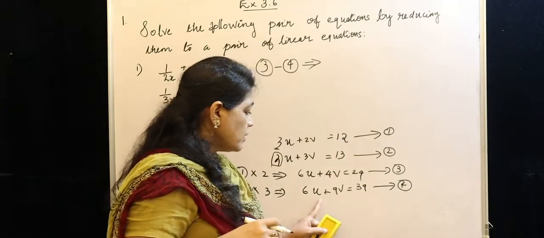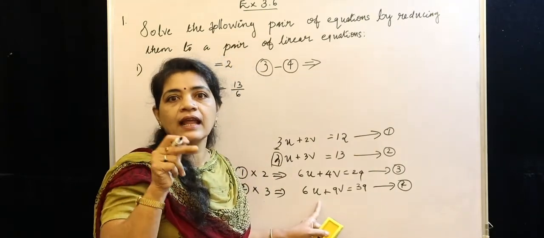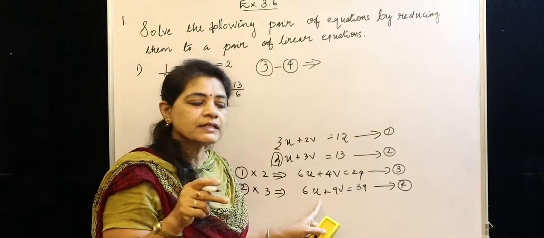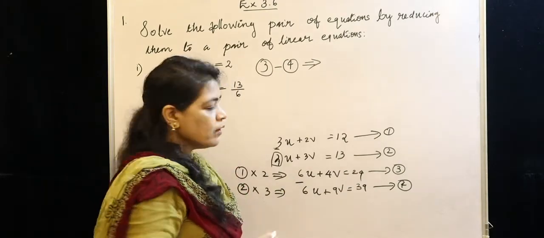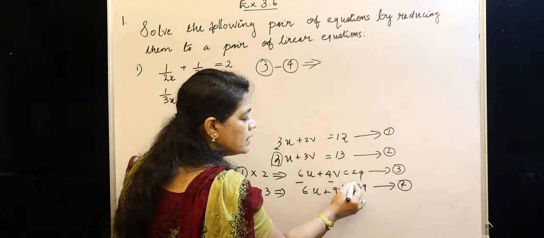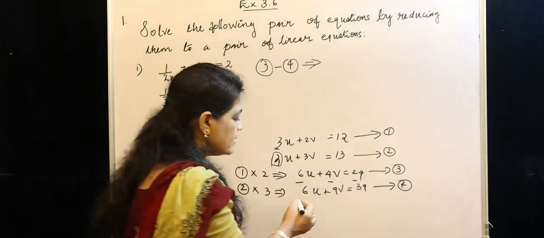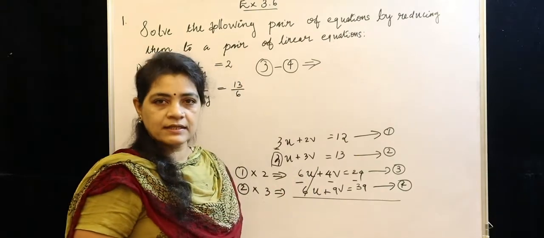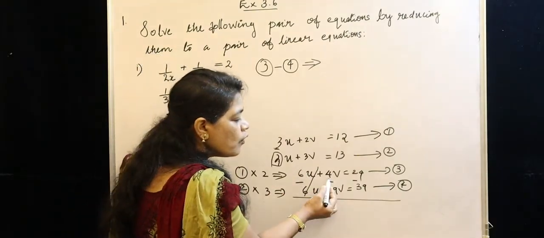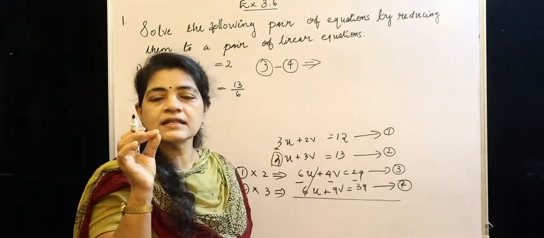That means we have to change the sign, then add. So I am going to change the sign of equation 4, minus and minus. Hence you can easily eliminate 6u minus 6u and 4v minus 9v.